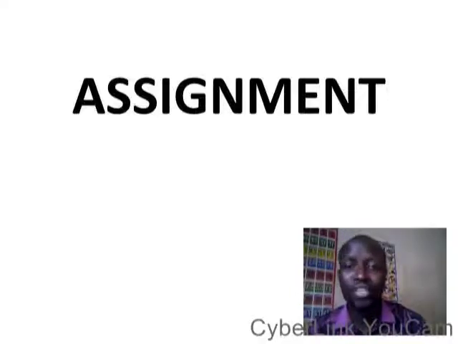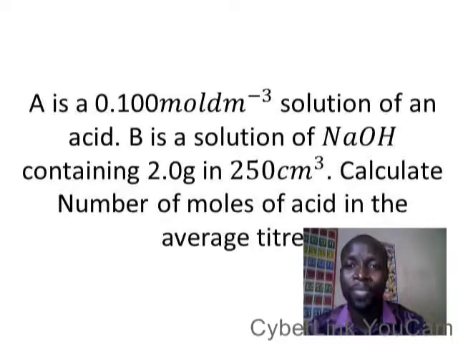Assignment. This work is very important, and I would like you to do it. Send your answer, only your answer, to the comment part, then you'll be good to go. A is a 0.100 mole per dm³ solution of an acid.